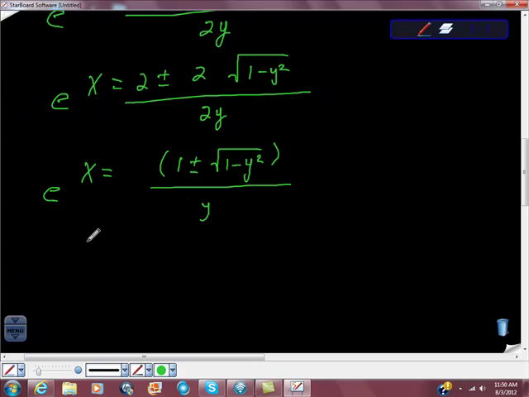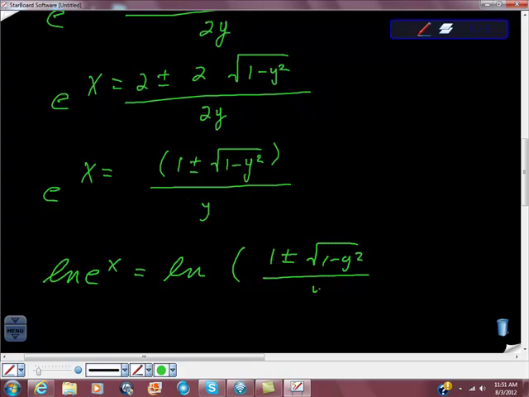So to get rid of it, I have to take ln of both sides. So ln of e to the x is equal to ln of 1 plus or minus the square root of 1 minus y squared, all over y. Well, we know that ln of e to the x is just x.